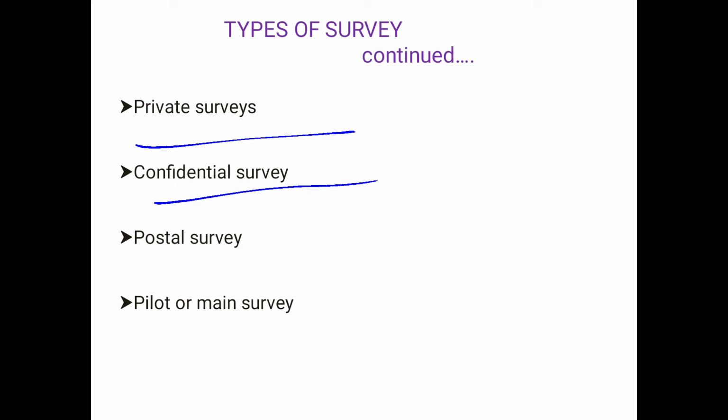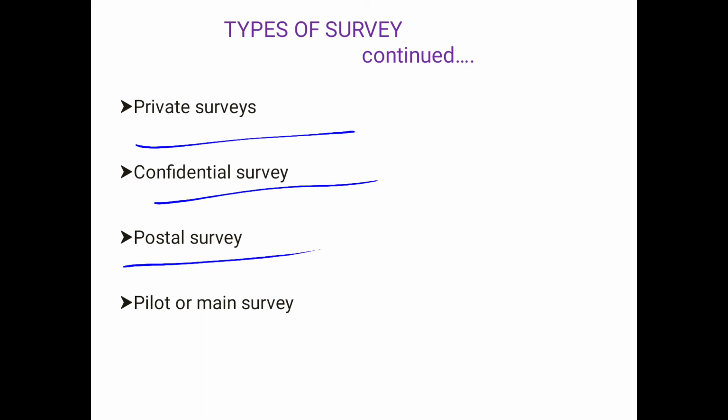Confidential surveys are beneficial when you want to get feedback from people anonymously.